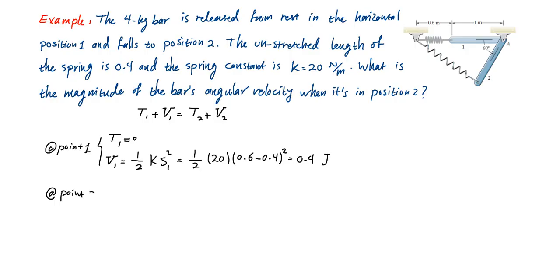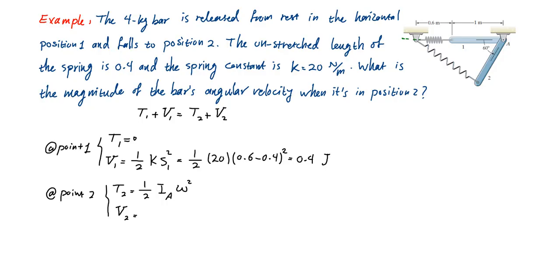Now, at point 2, let's see what's going on. You want to find out the value for the terms on the right side. Now, T2 is a rotation about a fixed axis. So that'll give me 1 over 2 I_A, the mass moment of inertia about the axis of rotation, which is A, omega squared. And potential energy at point 2, two things happen. You realize that I took the datum for the first part as here.